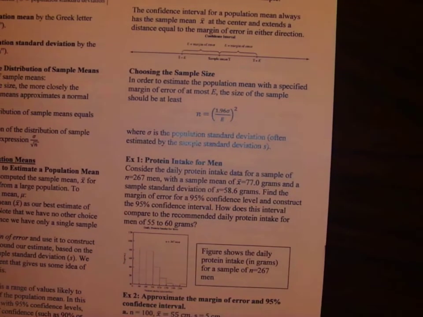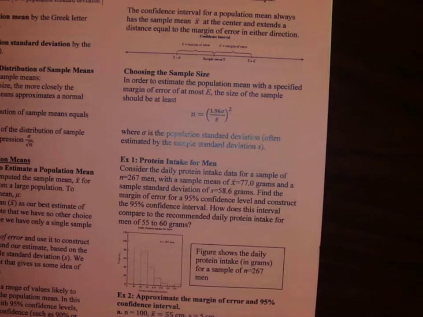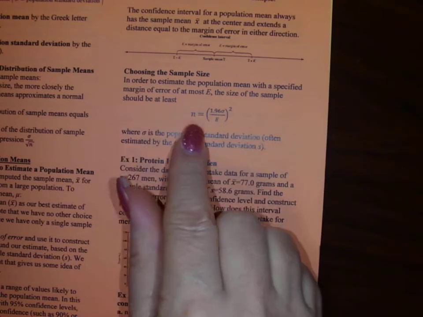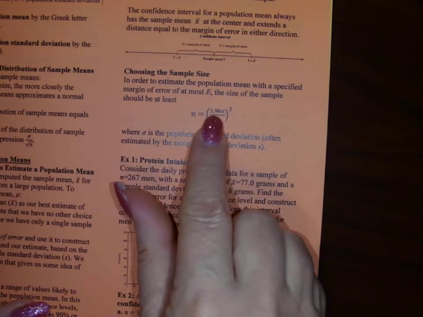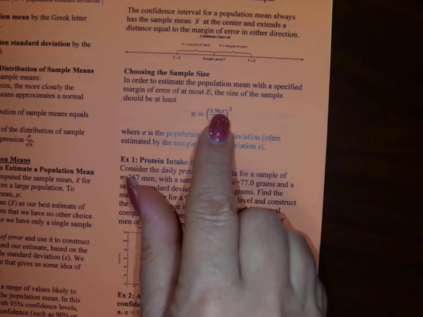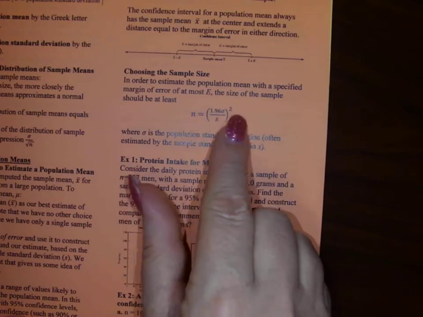To choose our sample size in order to estimate the population mean with a specified margin of error of at most E, the size of the sample should be at least 1.96 times the population standard deviation, sigma, divided by the error E, and squaring that.